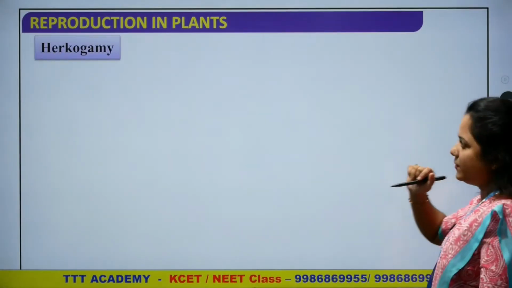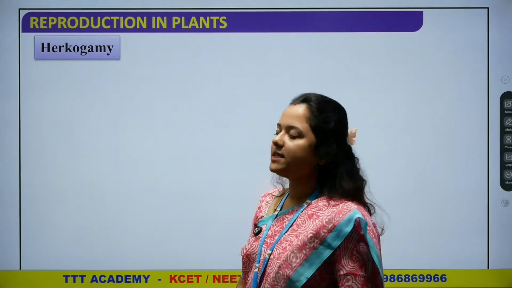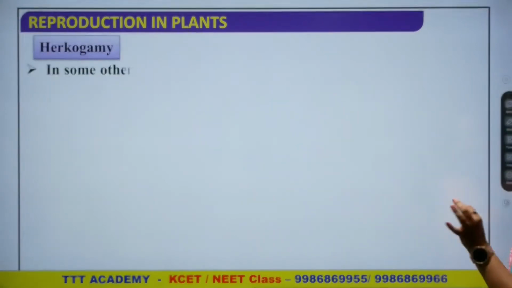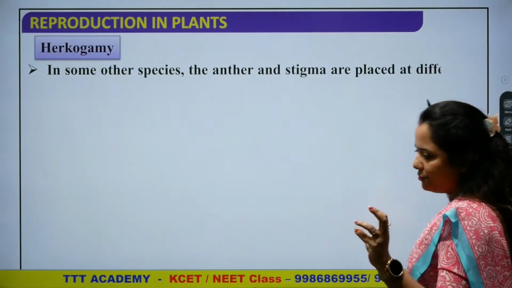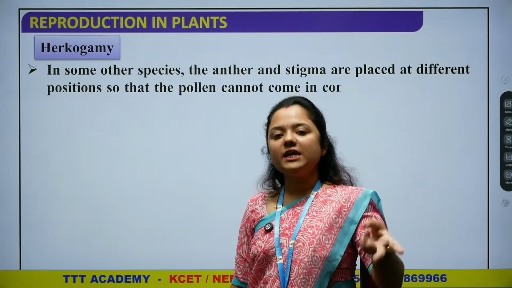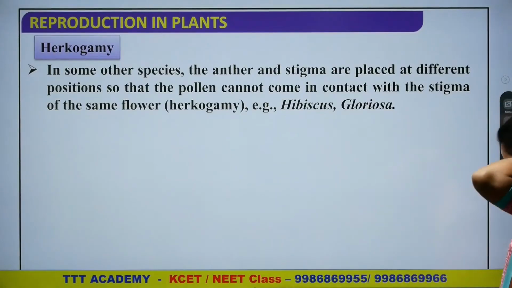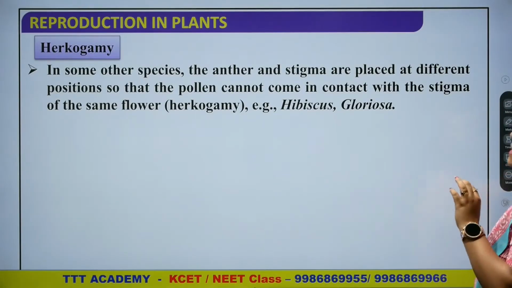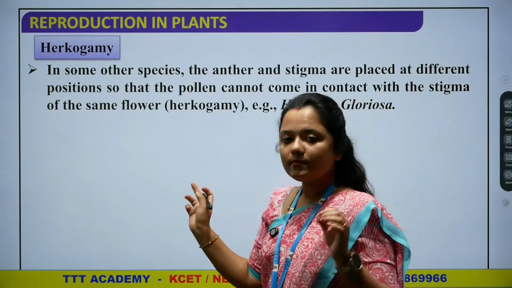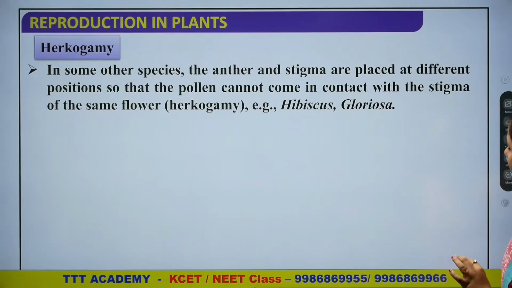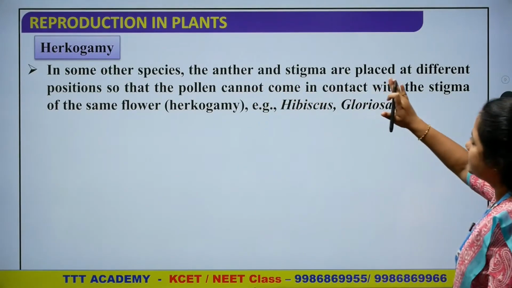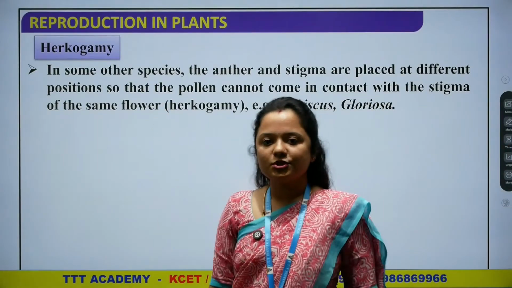The next type of outbreeding device is hercogamy. What is hercogamy now? First we learnt dichogamy, protandry and protogyny, which means one of the gametes is ready and another is not ready. Based on that we learnt about dichogamy. Now, what is hercogamy? Hercogamy is the condition where the anther and stigma are placed at different positions.